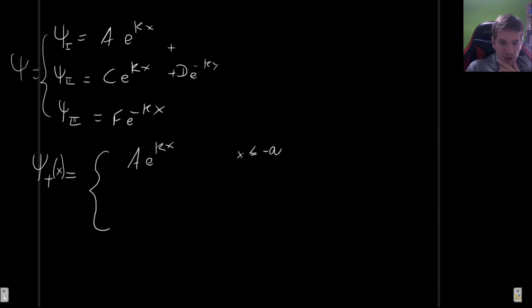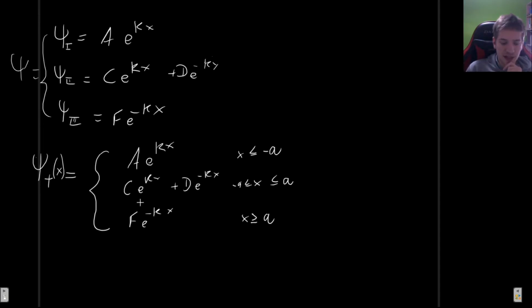Then we have this second region right here, which is c e to the kx. I've not yet changed anything; I'm just writing it down, and we will change it after I have it here. This is for x between minus a and a. And then we have f e to the minus kx for x greater than or equal to a.